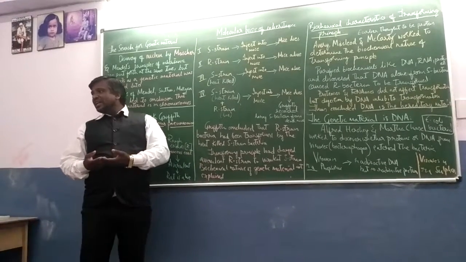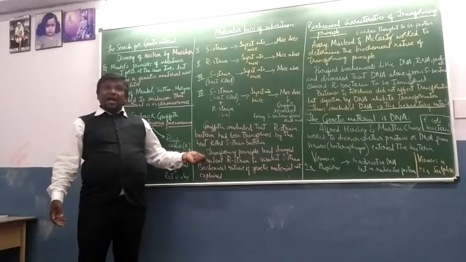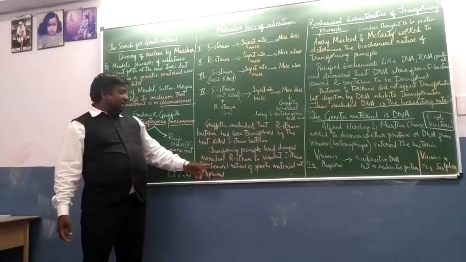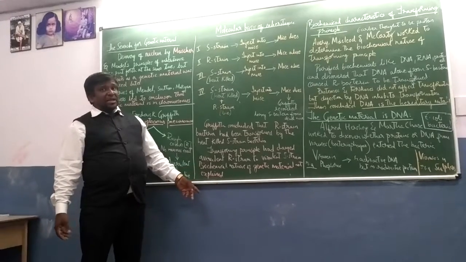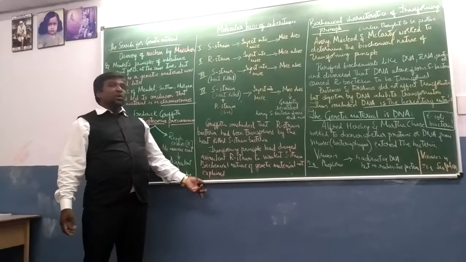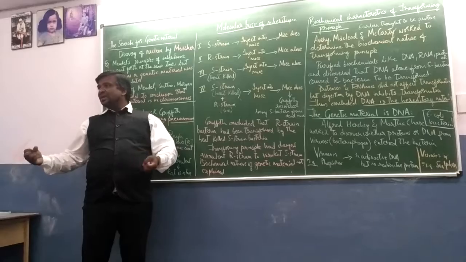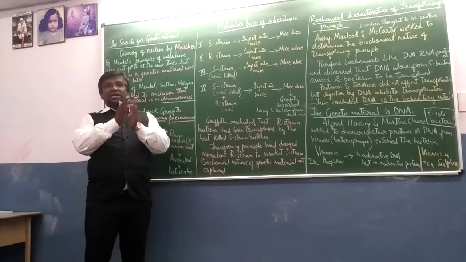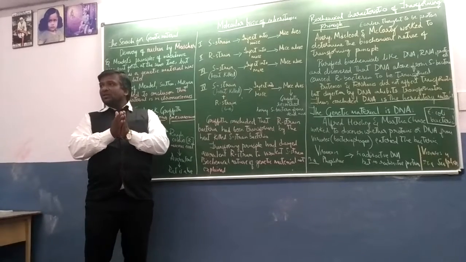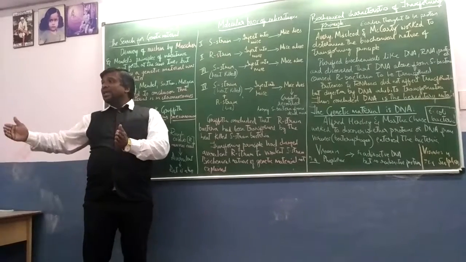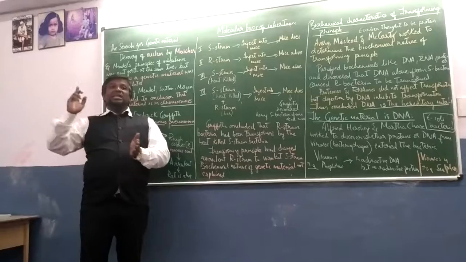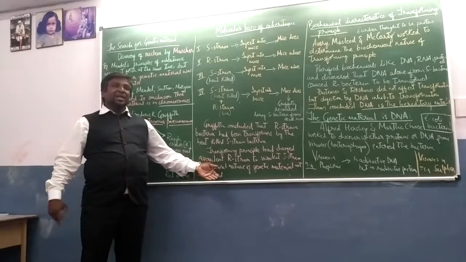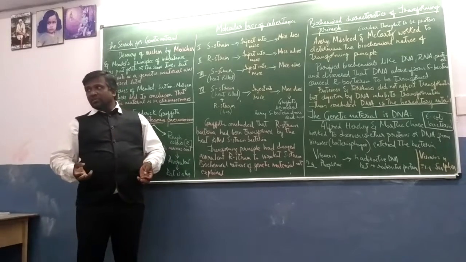However, he could not explain the biochemical nature of the genetic material. What was the genetic material responsible for converting, or transforming, the avirulent R strain into the virulent S strain? He was not able to explain its biochemical nature.